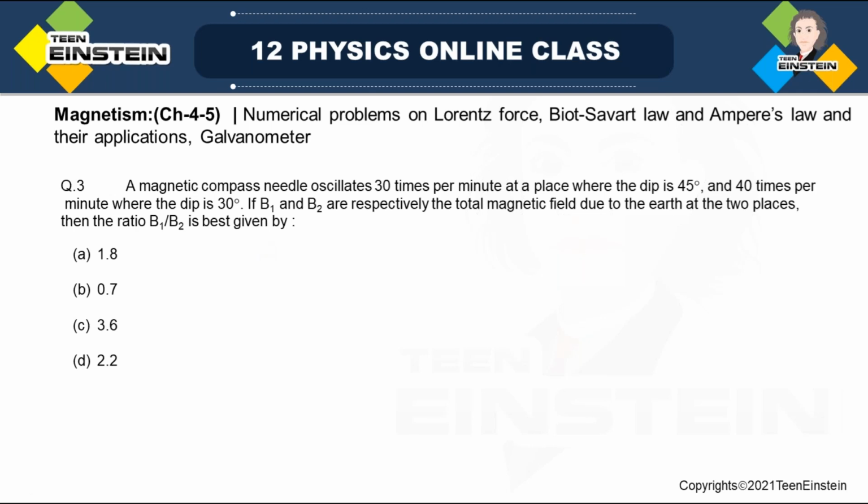So it is a very nice problem. First of all, let me tell you, suppose there is a place on the earth where you place a magnetic needle, where the dip angle is 45. First it was placed like that. Then it was oscillating 30 times per minute.